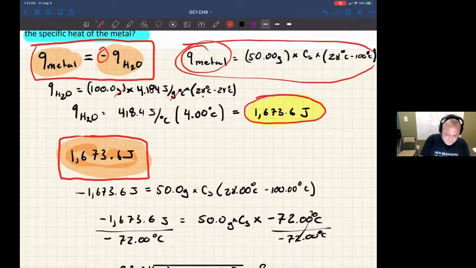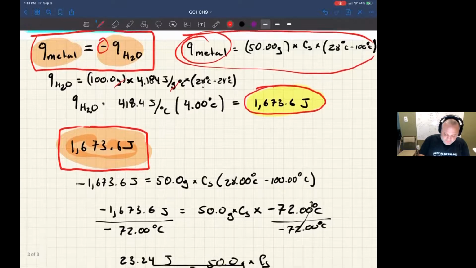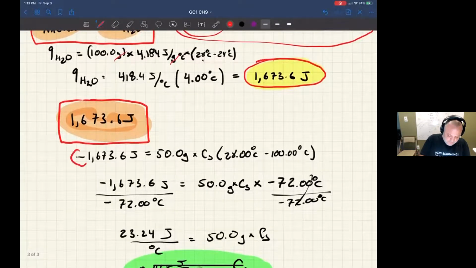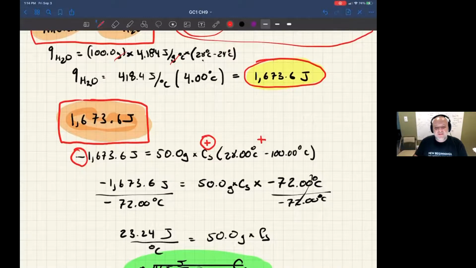And so if this is Q water, then negative Q water equals Q metal. And so I do need a negative sign there. And that's important, right? Because this is a negative, the specific heat should be positive. And since the metal went down in temperature, that means that this value will also be negative.